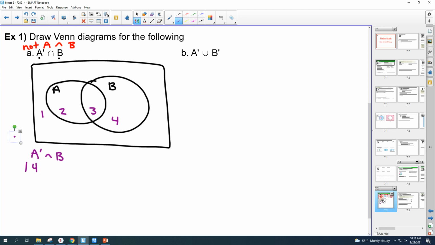Well, it's 1 and 4, right? 1 and 4 are not in A. And which numbers are in B? Right, 4 and 3, or 3 and 4, either way. So what I'm intersecting is those regions. I'm intersecting the regions 1 and 4 with regions 3 and 4. And if you look at it that way, you're like, well, and means both. So I'm left with just region 4. So I want you to neatly color in region 4.